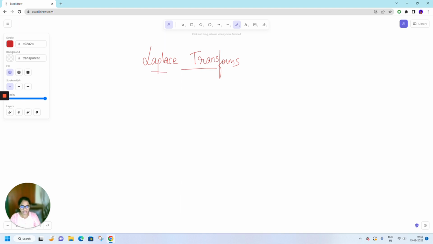Firstly, if I have to define Laplace transform, the definition is: if f of t is some real valued function, then you denote the Laplace of this f of t as follows.